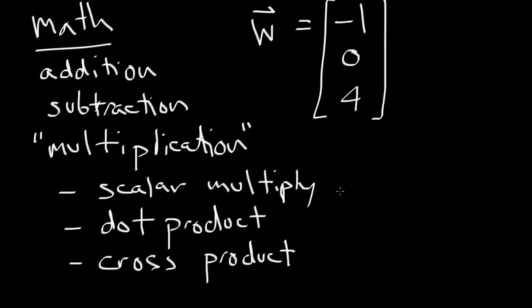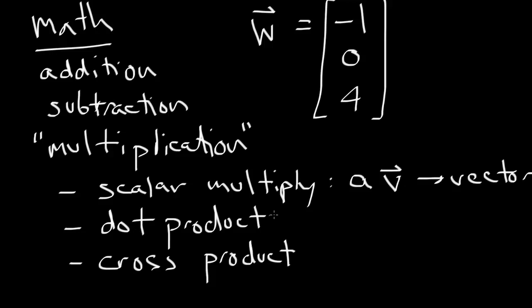So what's the difference between these? Well, when we do a scalar multiply, we take a number that's just single valued, a scalar, so it has magnitude but no direction. We'll call that A, and we multiply it times one of our vectors, V, and what we get out of that is a vector.